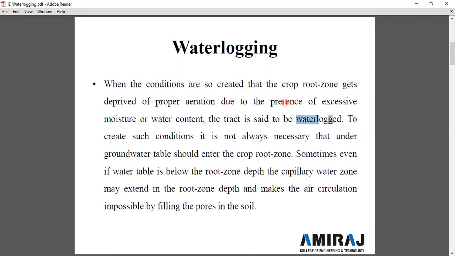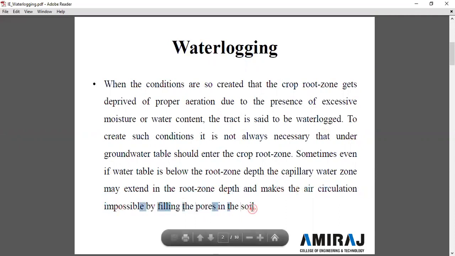It is not always necessary that the underground water table should enter the crop root zone. Sometimes, even if the water table is below the root zone depth, the capillary water zone may extend into the root zone depth and make air circulation impossible by filling the pores in the soil.